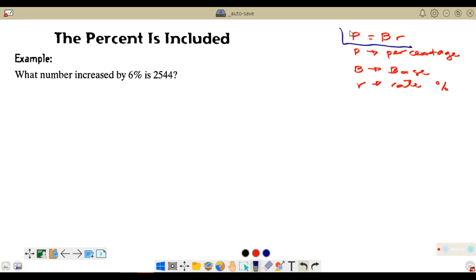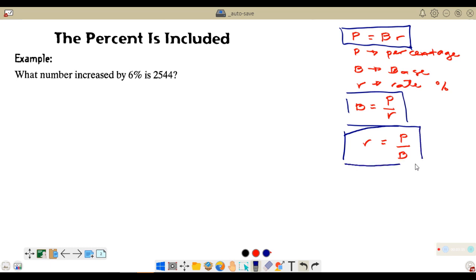Now, from here, in P, B, R, when the percentage is missing, you can use P is equal to B times R. But if the base is missing and the percentage and rate are given, then you can use B is equal to P over R. And finally, if R is missing, you can use P over B. So this is just an application of the algebraic properties you already know from before.